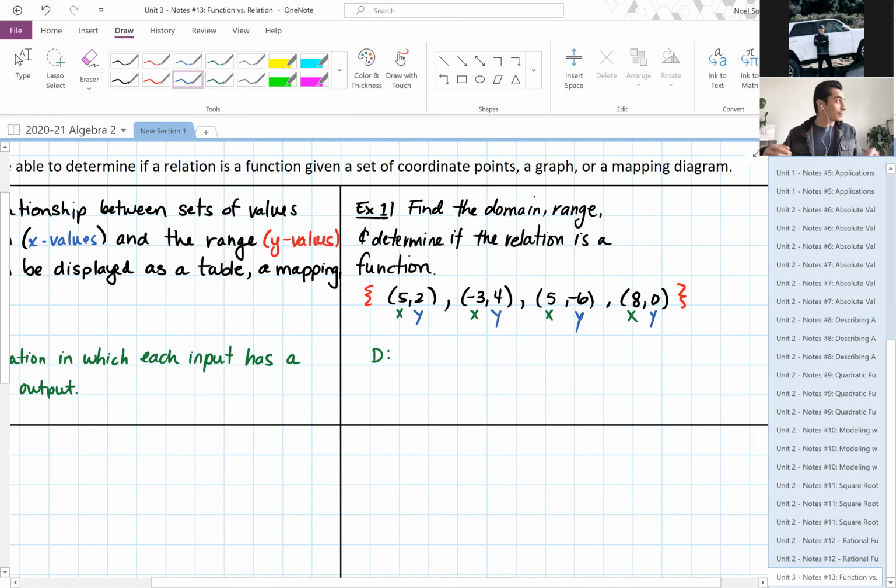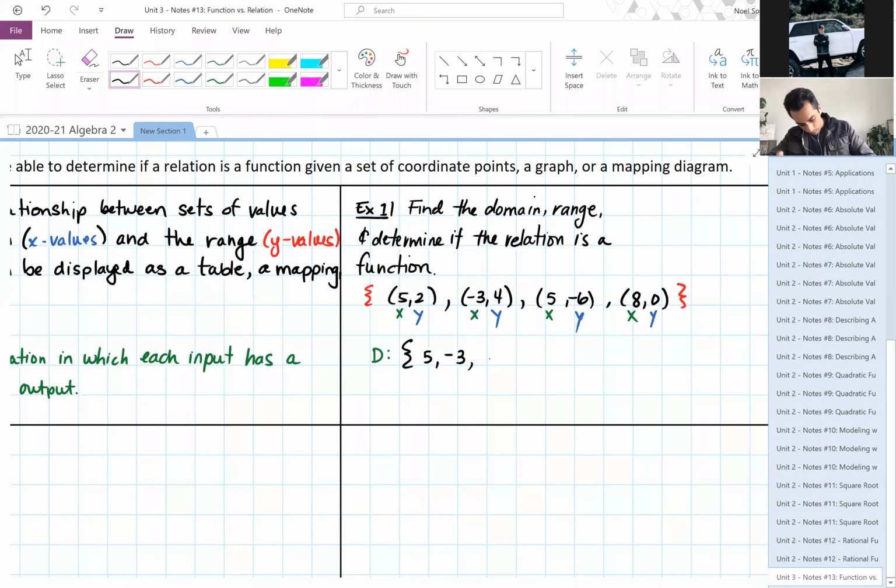Right? So why do I do this? I do this because it makes it real easy to see which ones are in the domain and which ones are in the range, right? So the domain is everything that is underlined with an X, right? So in my domain, I'm going to put some curly brackets and I'm going to list out the numbers, okay? I have 5 in my domain. I have -3 in my domain. I see 5 comes up again, right? I don't need to double up on 5, right? 5 is okay as long as it's listed once.